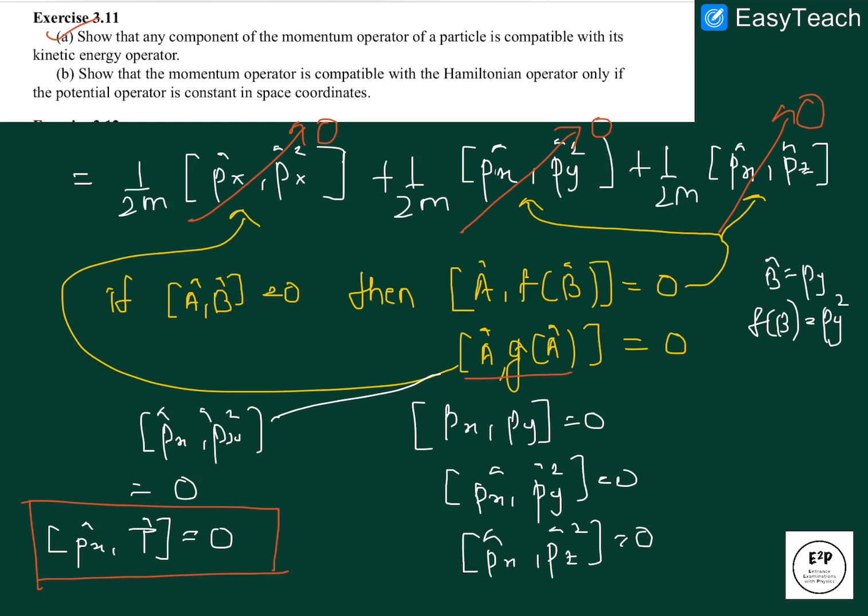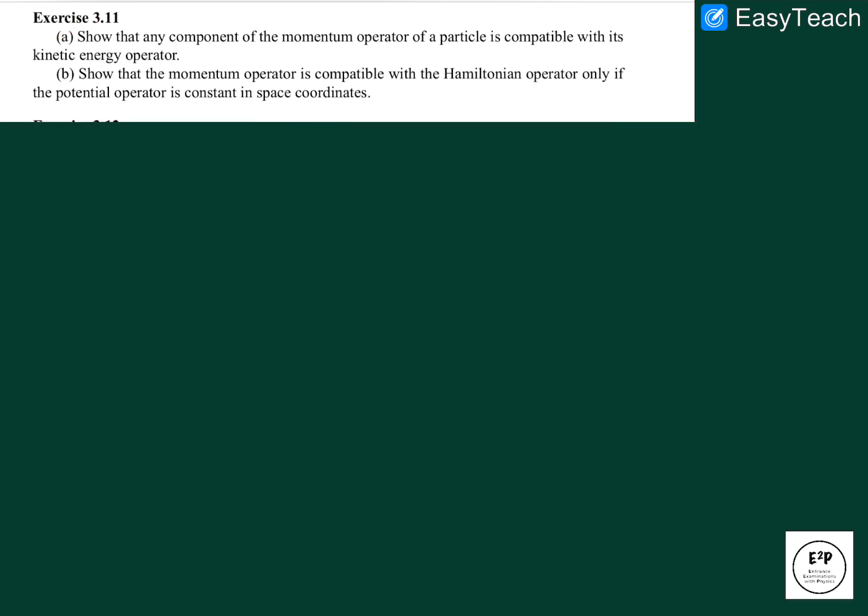Now let's move on to the second one. So the second question asks us to show that the momentum operator is compatible with the Hamiltonian operator if the potential operator is constant in space. Okay, so let me put that in mathematical view.